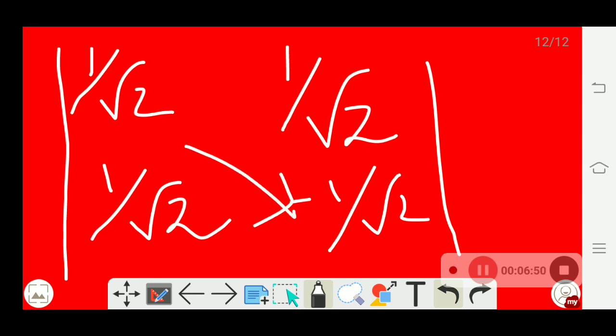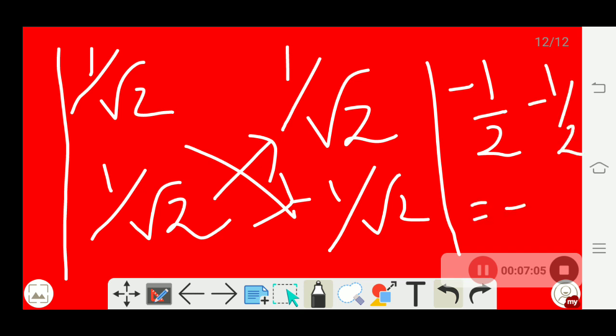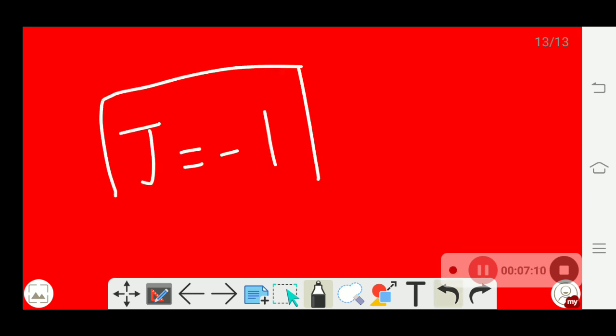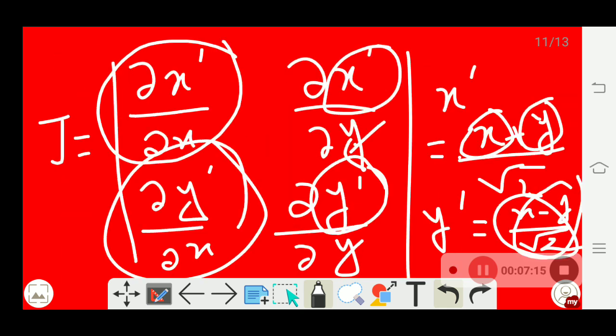This into this minus this. So it's minus half. And again minus half. So it is minus 1. So what is the value of J? J is equal to minus 1.